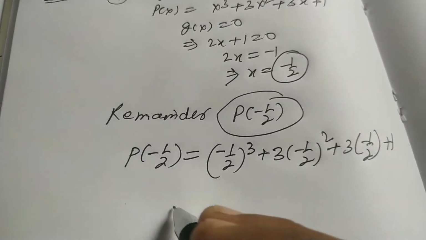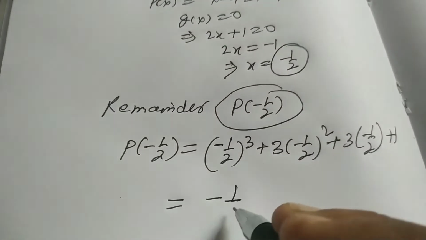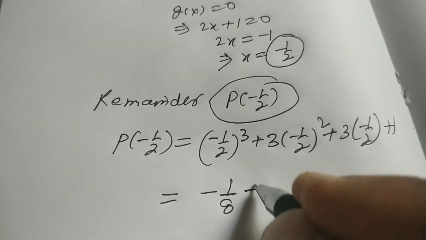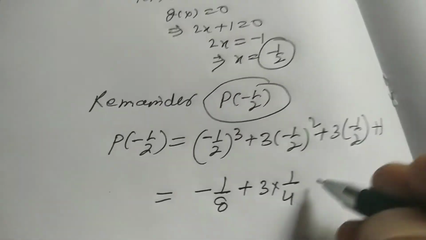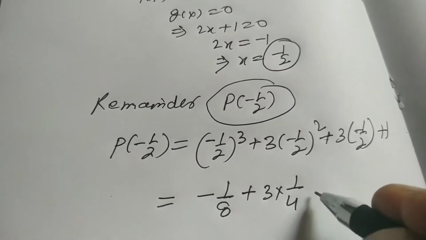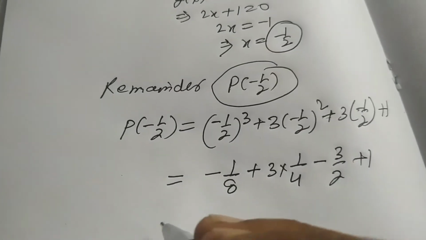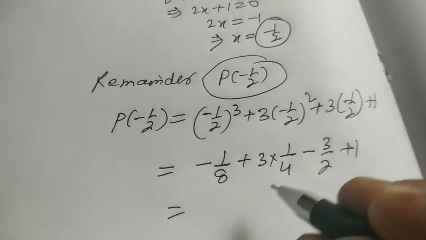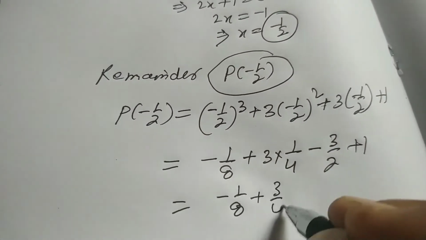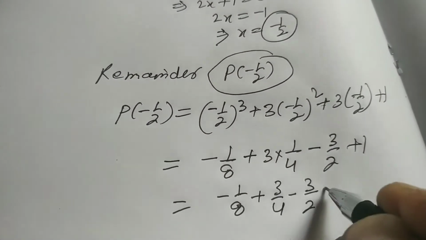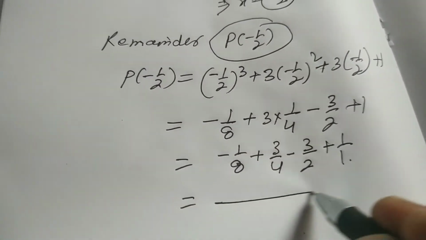Now see, (minus 1 by 2) cube is minus 1 by 8, plus 3 into (minus 1 by 2) square, this is 1 by 4, plus 3 into minus 1 by 2, this is minus 3 by 2, plus 1. Now we have minus 1 by 8 plus 3 by 4 minus 3 by 2 plus 1 by 1, and just get the LCM of all these terms.